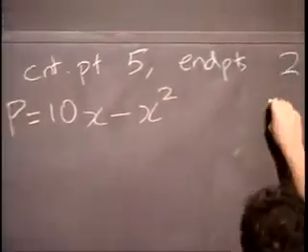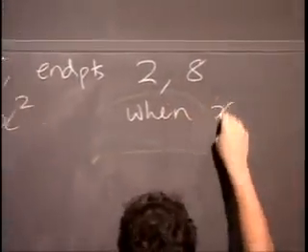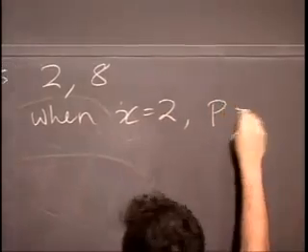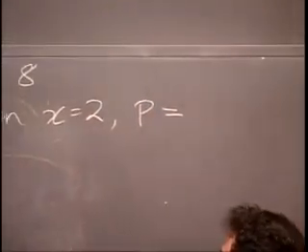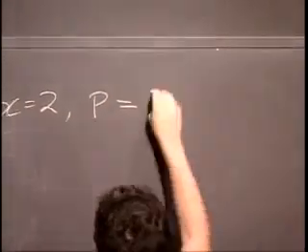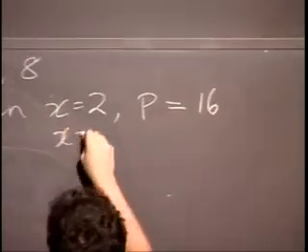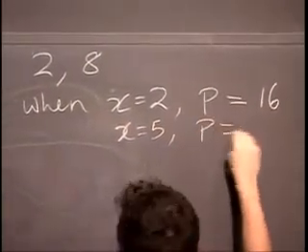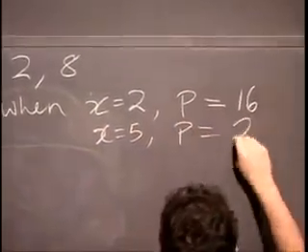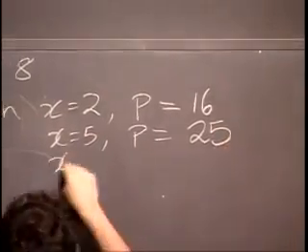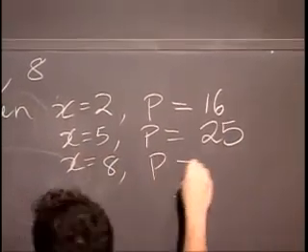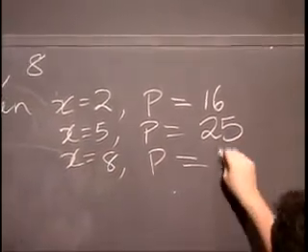So when x equals 2, we find P is 2 times 10 is 20 minus 4, 16. When x equals 5, P is 50 minus 25, which is 25. And when x equals 8, you can plug that in and see 80 minus 64 is 16.